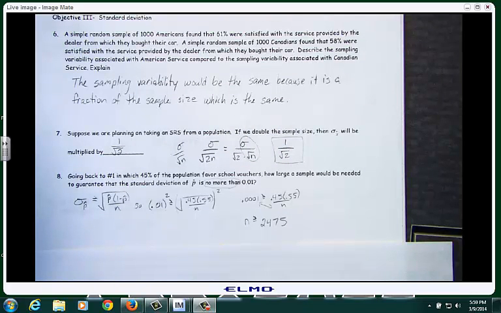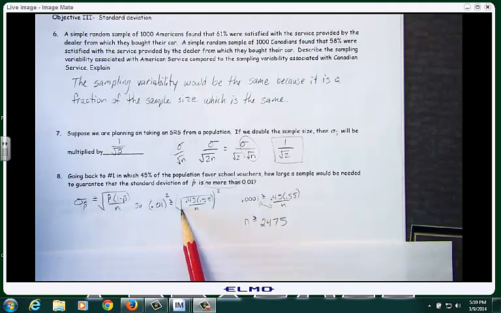In this problem, we use some of the information from problem number 1 with a population proportion of 45%. They want us to figure out how large a sample would need to be to guarantee that the standard deviation of p hat is no more than 0.01. So, plugging in 0.01 for our standard deviation and plugging in 0.45 for p, we can solve for n.